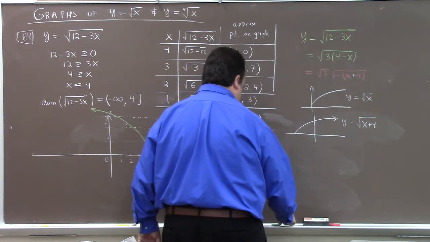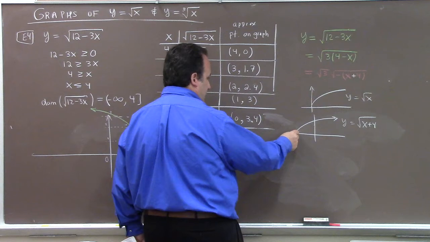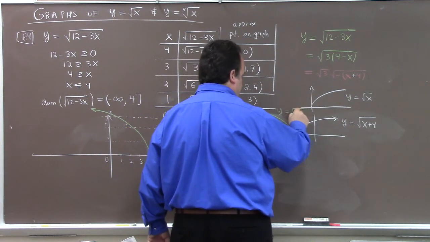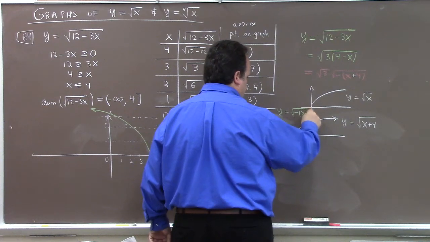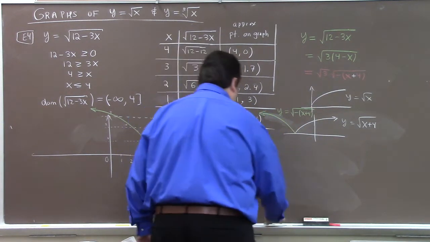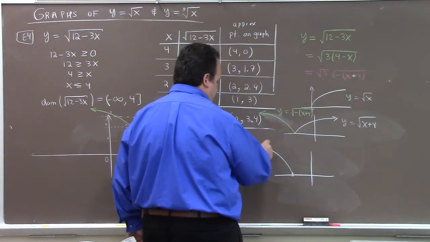And then when I put that in, this would be y equals square root of minus x plus 4. It just flips the graph over like that. And then, final blow, you take it and multiply by square root of 3 to make it taller.